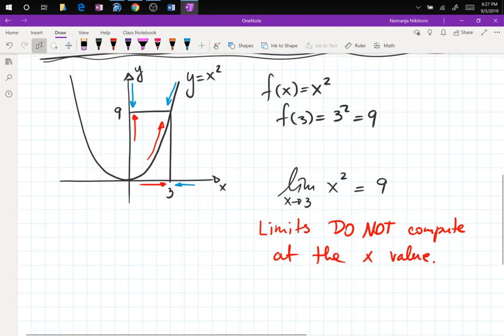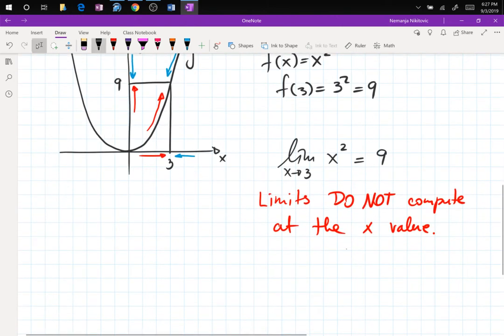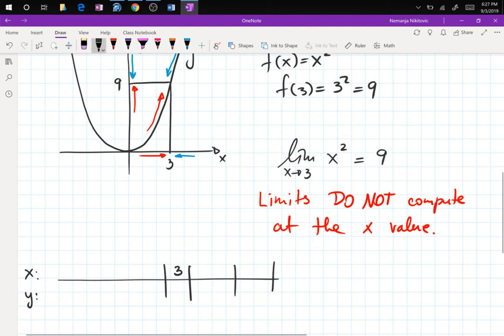Now that is very easily explained and seen if you take a look at a chart of the values. You provide x and y, right? X and y. So here are the x's, and these are going to be the y's, right? And I'm going to put some divisions here where we are going to stuff the Juliet values and Romeo values, and we are going to see that the y values scream go to 9.